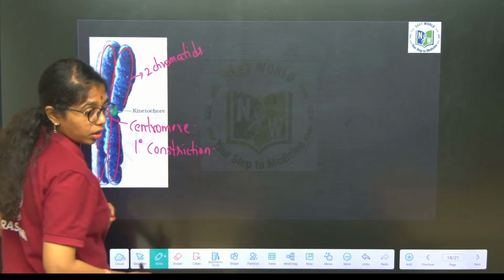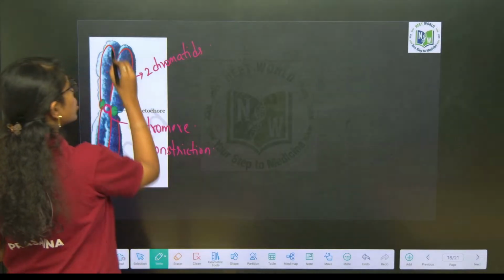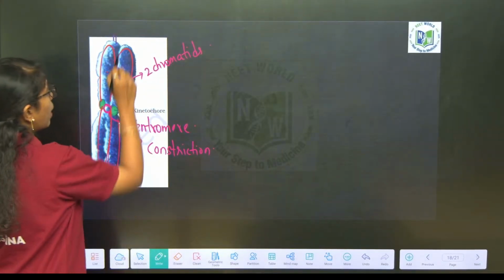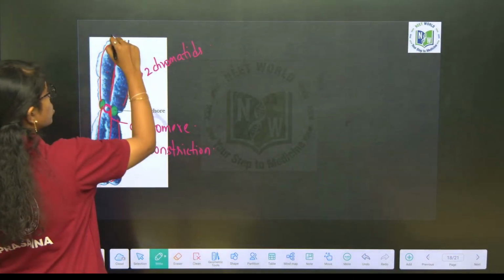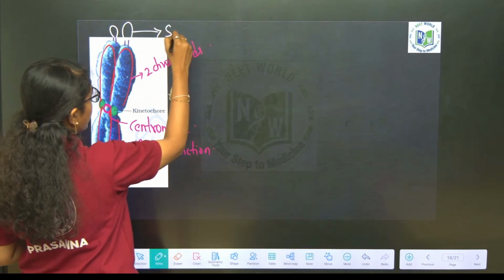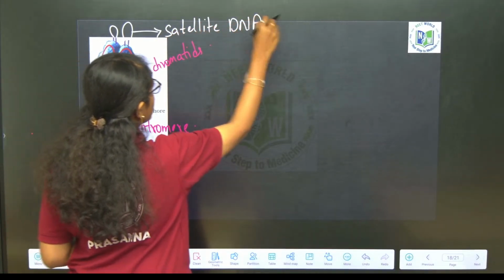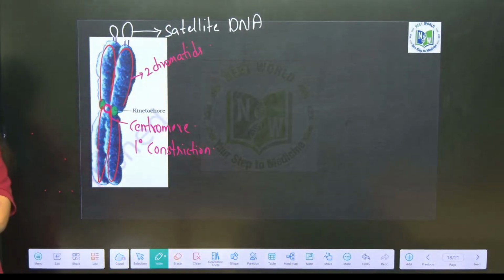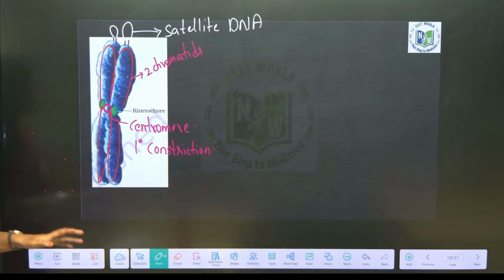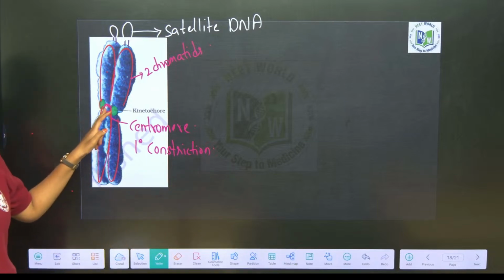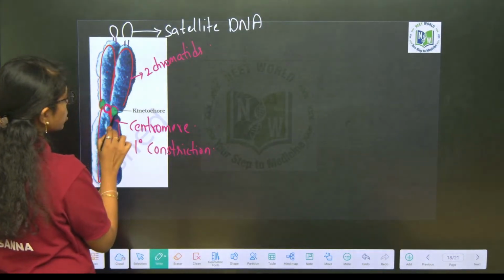Okay, in most of the chromosomes, there is a secondary constriction which is also present above the chromatid arms. That secondary constriction is called as satellite DNA, which has repetitive DNA sequences, which is used in DNA fingerprinting or polymorphism. Fine, understood? To this primary constriction, two disc shaped structures are present.